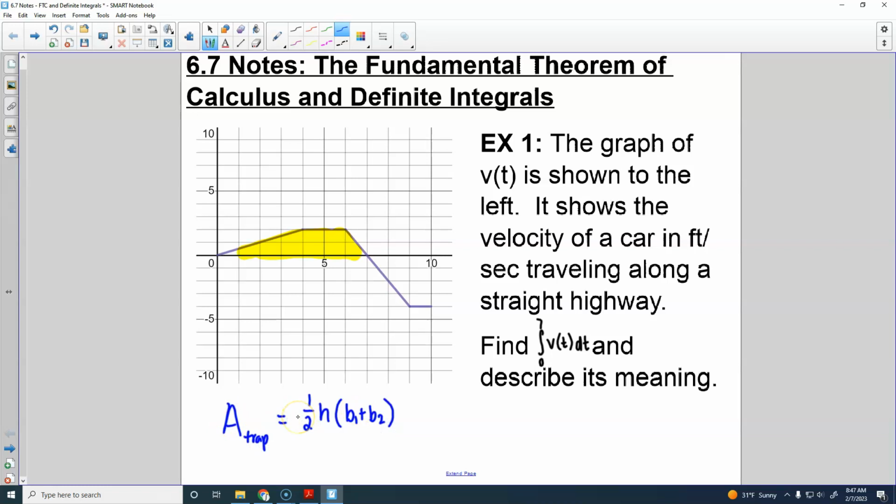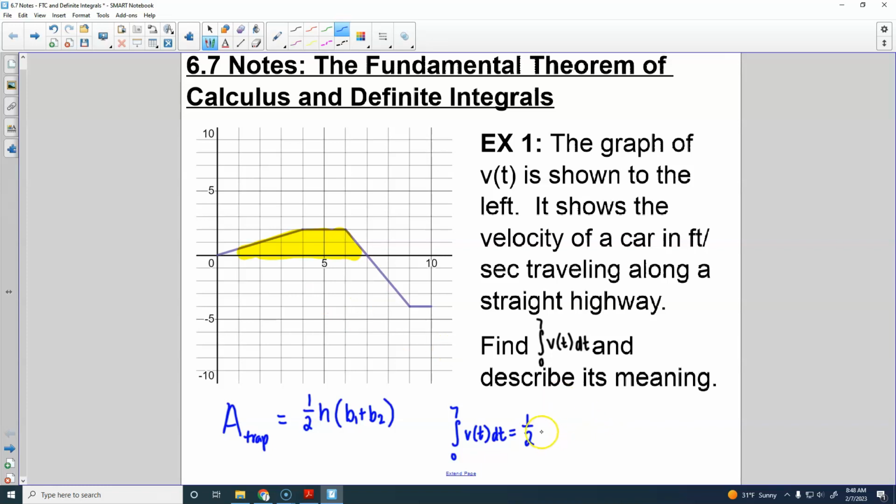That's one you want to have memorized for sure because you will need it. Another way to think about it is that it's the average of the bases times the height. If you add these bases together and divide by 2, that gives you the average of the bases, and then you multiply it by the height.